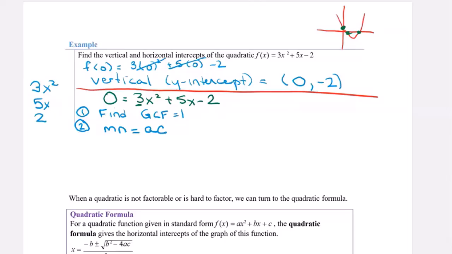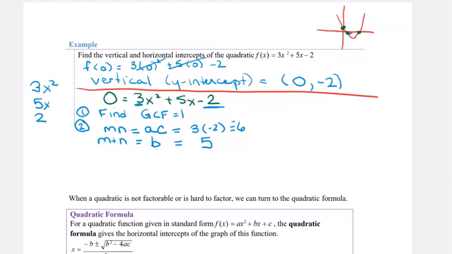And here my a is 3 and my c is -2. So this would equal 3 times -2, which equals -6. And if I add those two numbers together, which I do not know, they have to equal b, and b here is equal to 5.